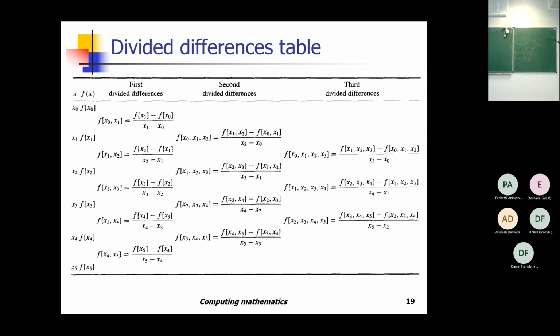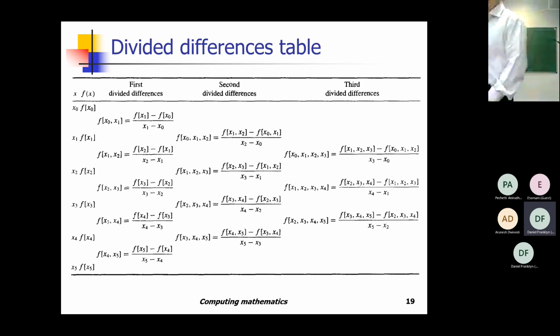It's exactly the same as written here, x2 minus x0. Here x3 minus x1, x4 minus x2, and so on. For the next divided difference, I should take 2 previous divided differences, the difference between them, over x3 minus x0, x4 minus x1, and so on.